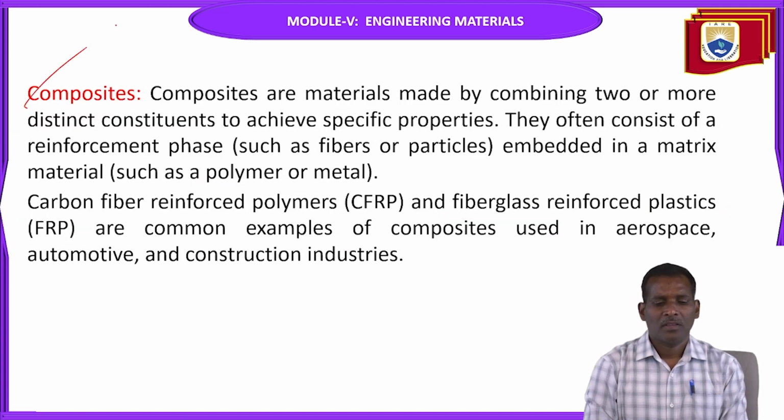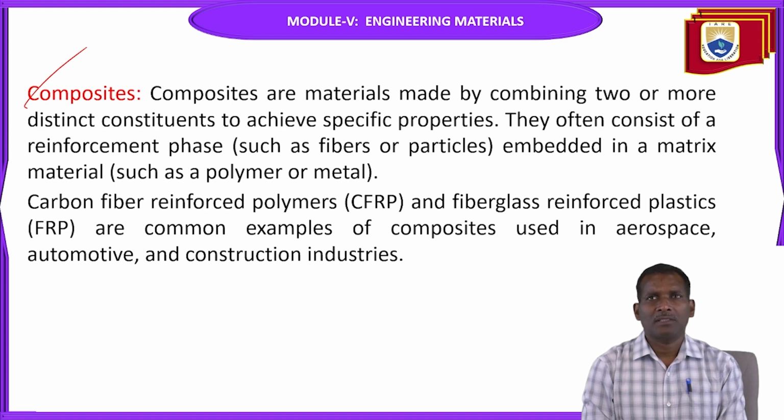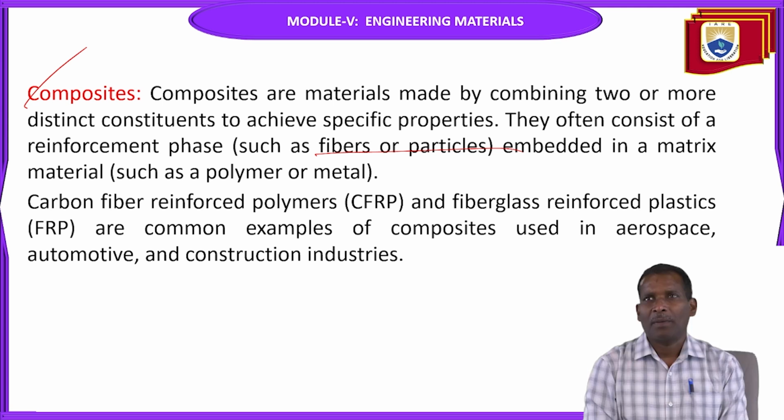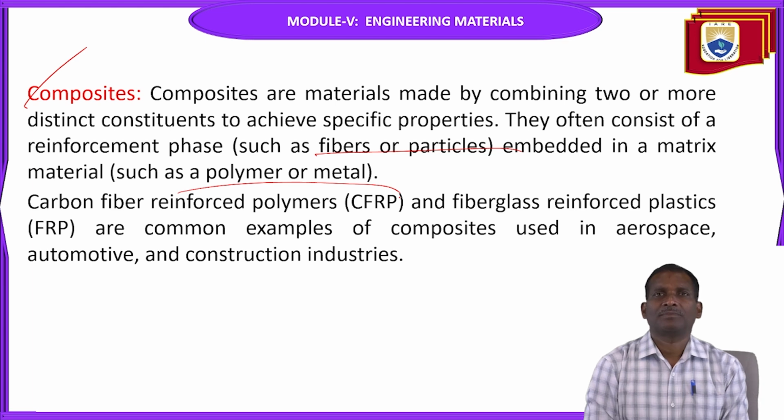Composites. Composites are materials made by combining two or more distinct constituents to achieve specific properties. They often consist of a reinforcement phase, such as fibers or particles, embedded in a matrix material, such as a polymer or a metal.